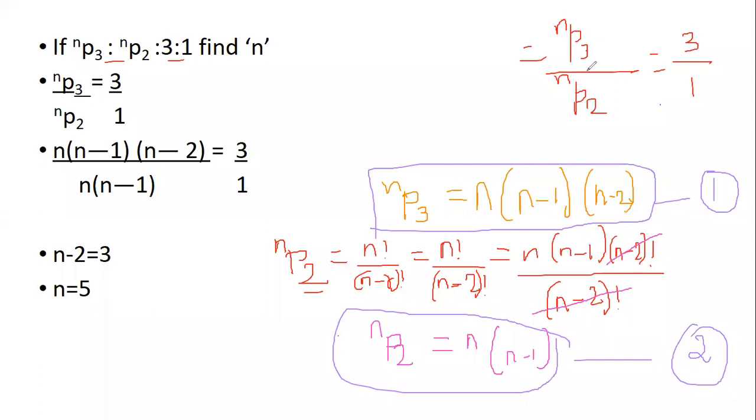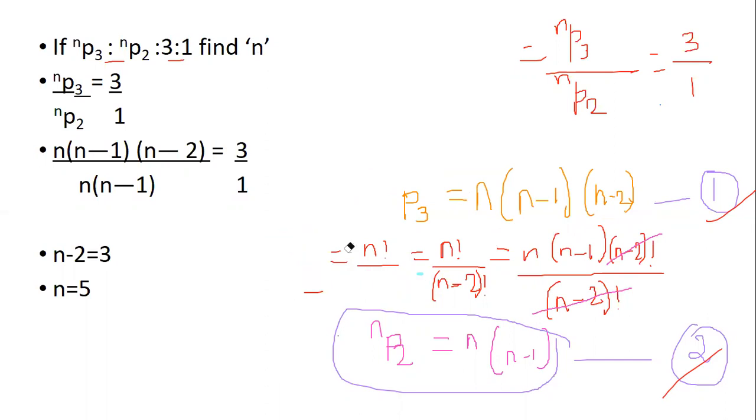Okay. Now, since I have nP3 divided by nP2, now I'm supposed to use this expression 1 and 2 as division. Okay. So, what is that I had in nP3?